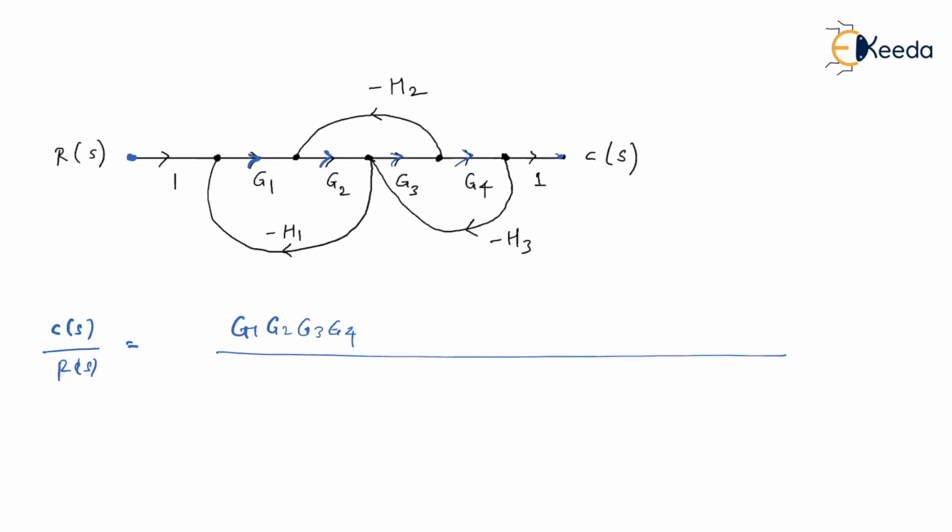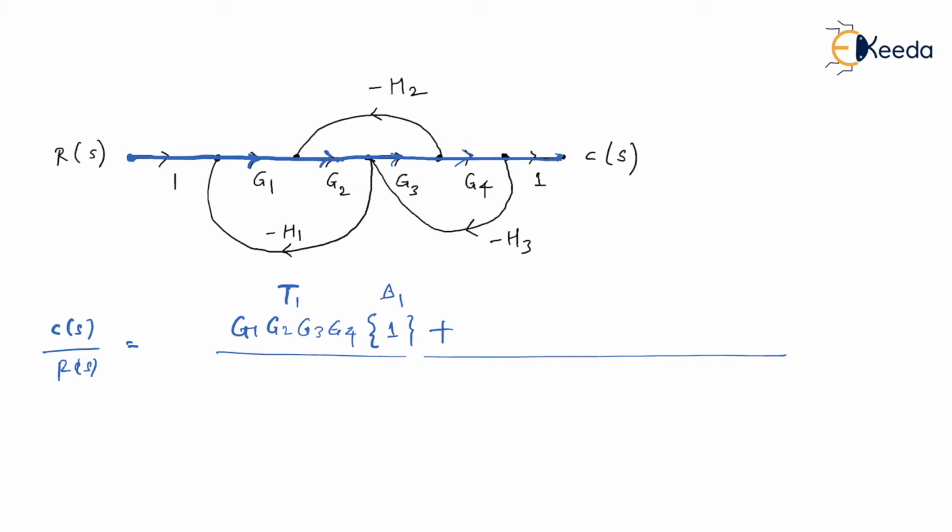Generally, we always take this T1 as a forward path starting from R of S to C of S. Most of the time, it touches all the loops, or it is touching all the nodes, and therefore what we have over here is always 1 as delta 1. I'm not saying that delta 1 is always 1, but most of the time delta 1 value is 1.